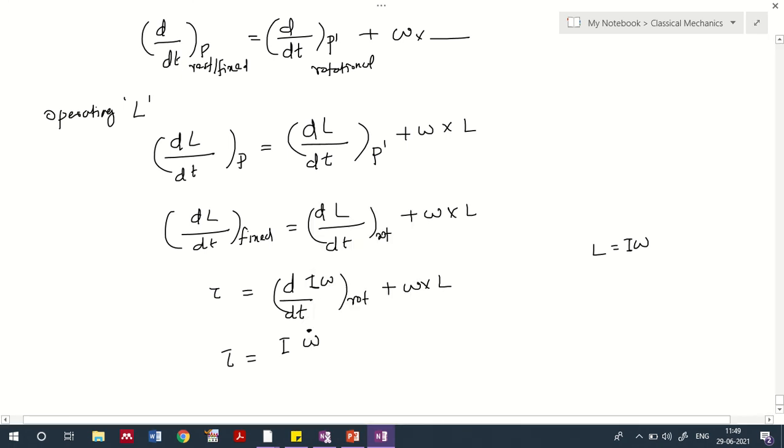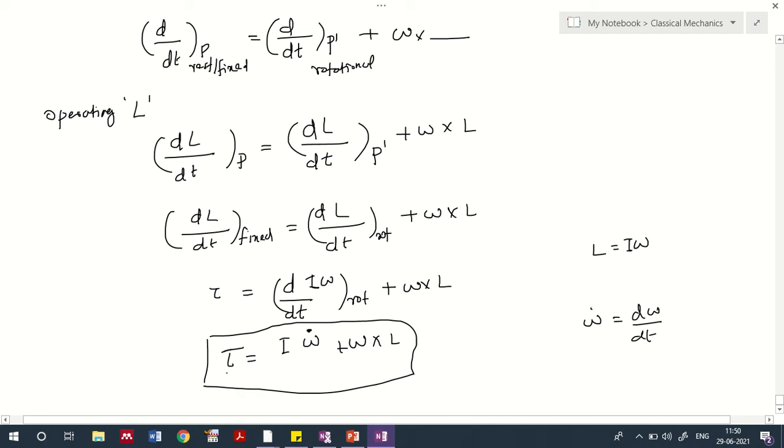So I represent this as I omega dot plus omega cross L, where omega dot is d omega by dt. For your detailed understanding, this is our torque here. So you can note this relation: torque is equal to I omega dot plus omega cross L.